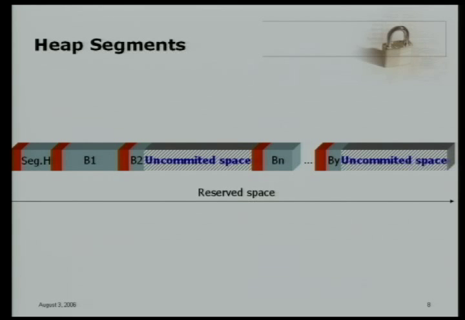Inside the heap segment, there could be committed and uncommitted areas. Most of the time, the last segment in the array has a large uncommitted range, which is used over time to commit more memory. Most other segments will have uncommitted spaces all over the place, and even the last segment can also have uncommitted spaces. If we look at the committed space, here are the allocations that we give to the applications.